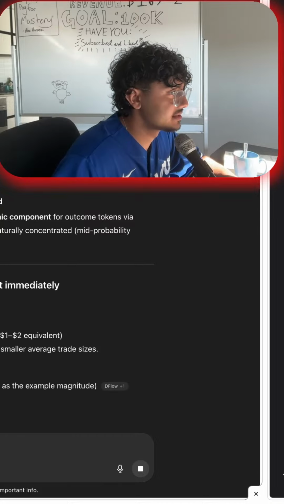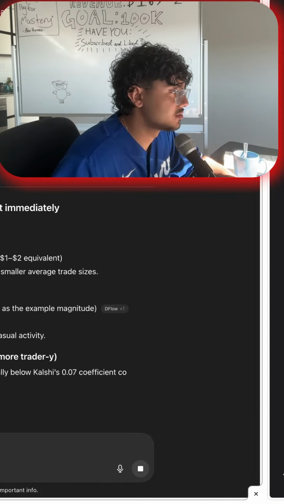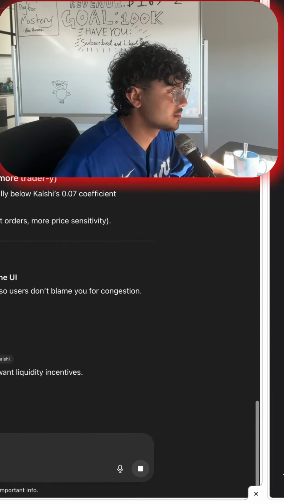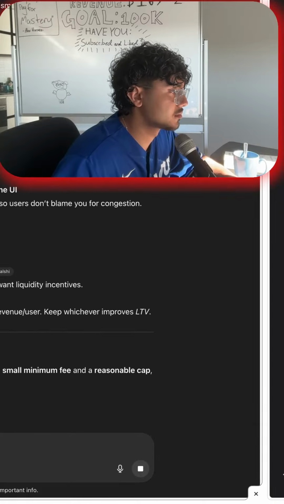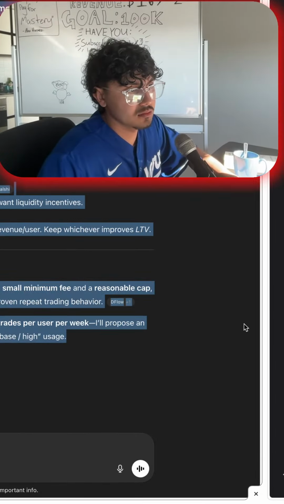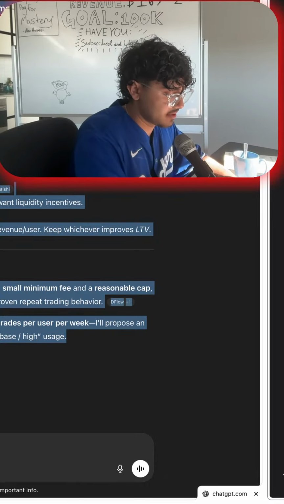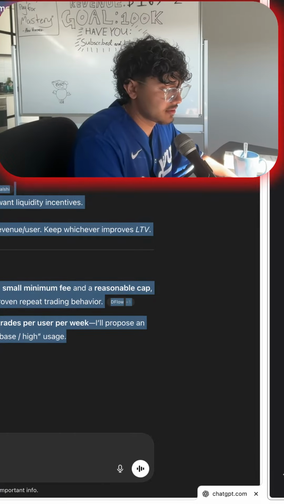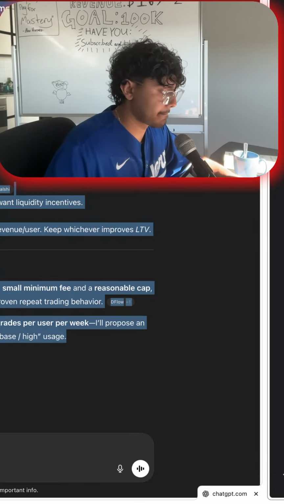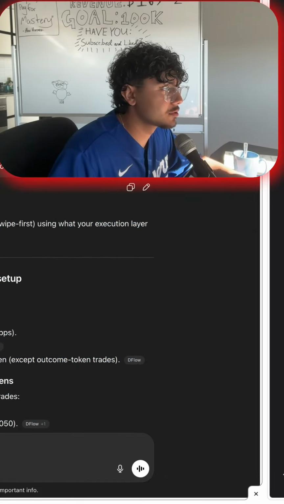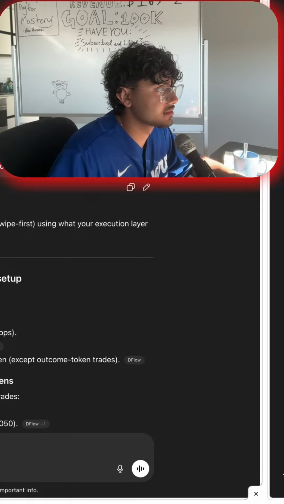It's actually changed this answer. So now I'm like, I don't agree with this fee structure for my Sway app, the prediction market Tinder app.